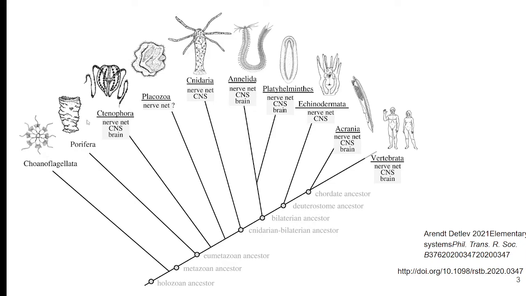Then gradually, as animal species evolved from Porifera, then Ctenophora, the initial species, these regulatory mechanisms moved towards the center. By the time the evolution reached the level of Hydra, the Cnidaria group, the nerves were seen, and the nerves are in the midline of the body.